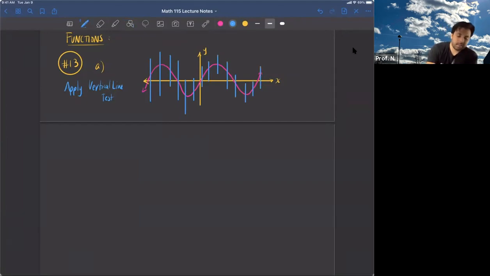So yes, the graph represents a function, because it passes the vertical line test.